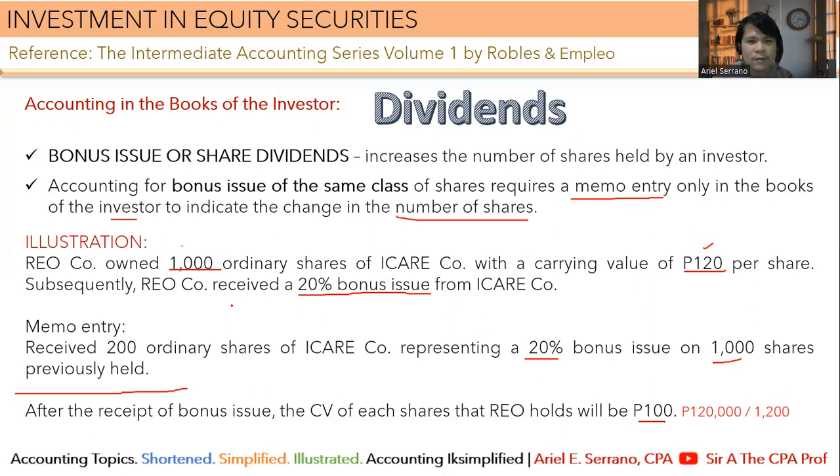Now, your number of shares is 1,000 plus 20%, which is 200, so 1,200. Therefore, 120,000 divided by 1,200 is 100, the carrying value of each share. Okay? So please take note.